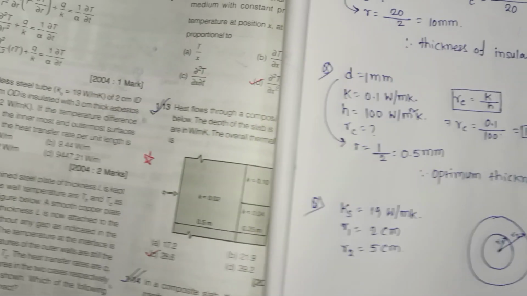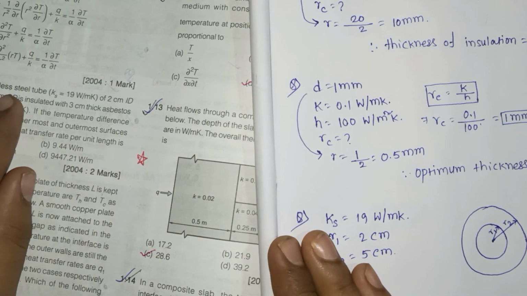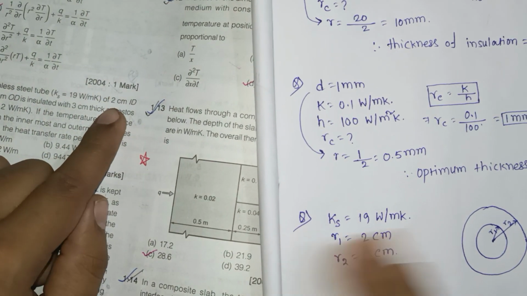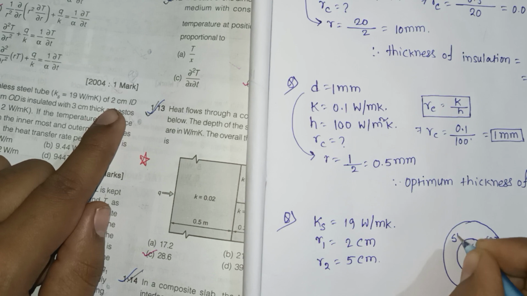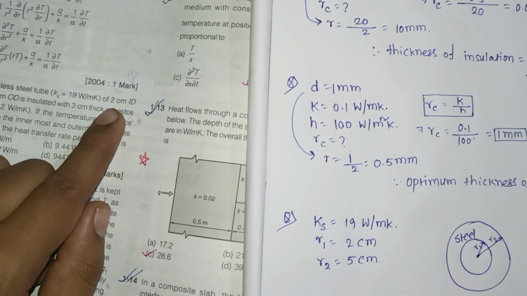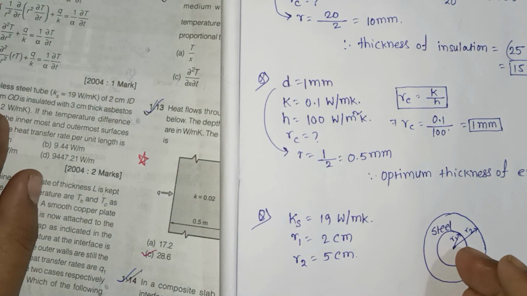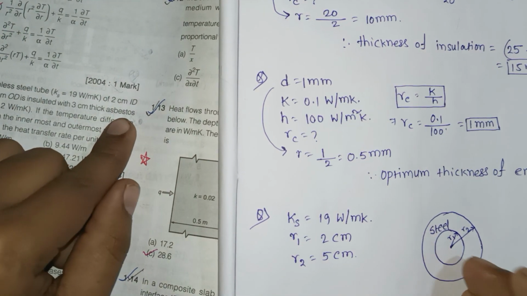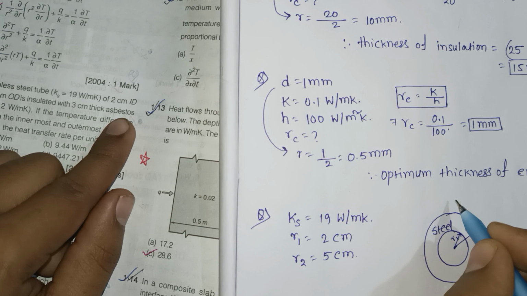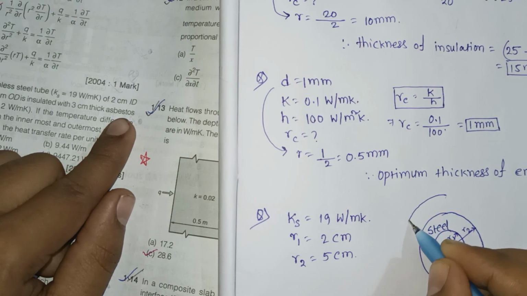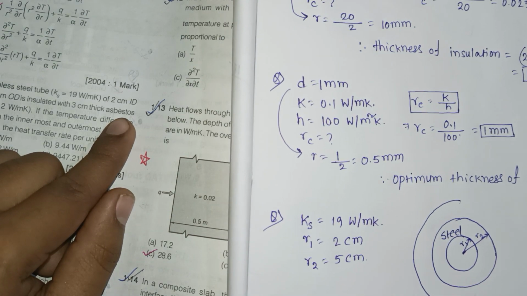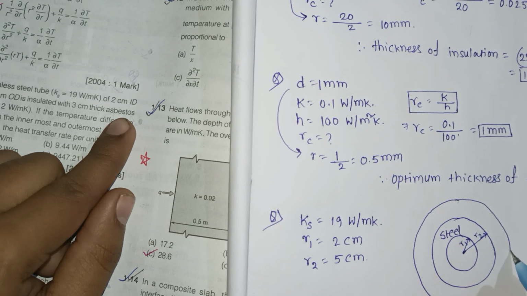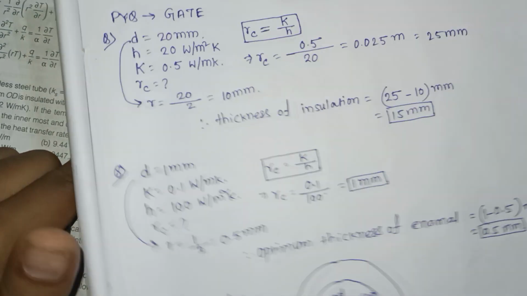Now this is the stainless steel, KS. It is insulated with 3 cm thick asbestos. The outer side is asbestos.